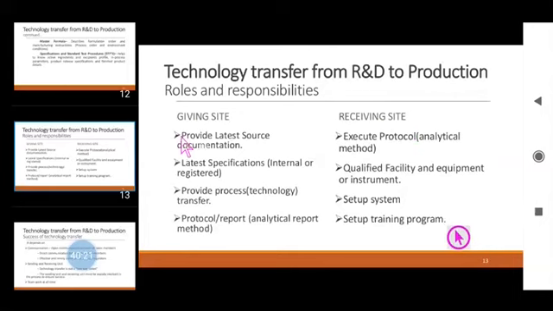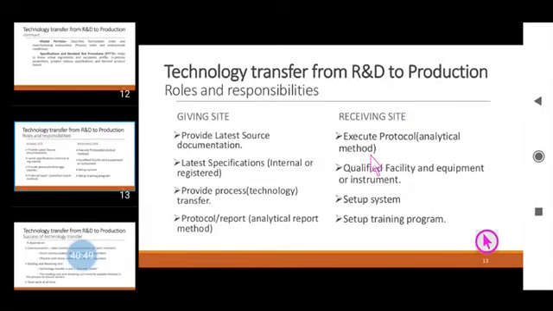The giving side provides latest source documentation. So the source documentation must be the latest one and the correct one. Then latest specifications, internal or registered. It provides process transfer. Then the protocol or report, like analytical report method.